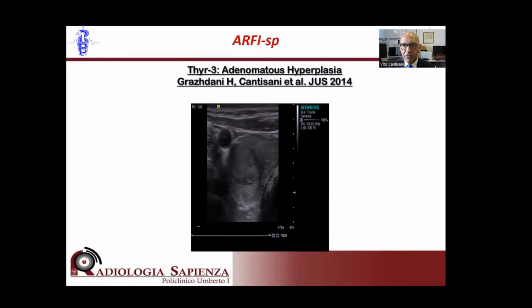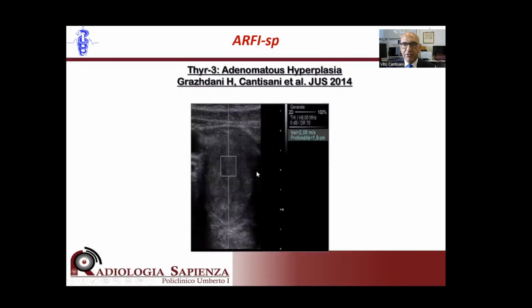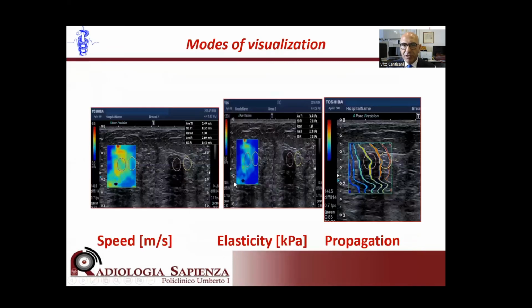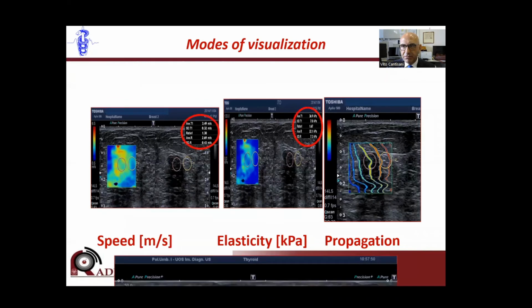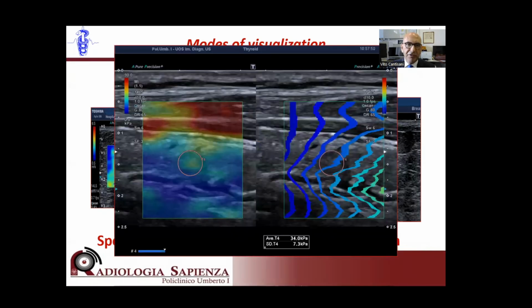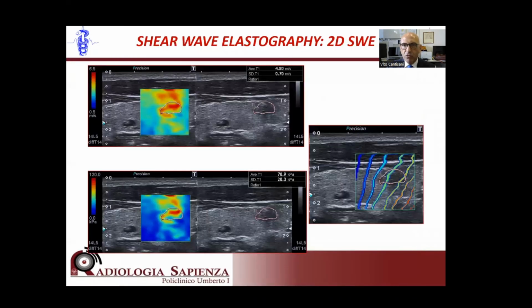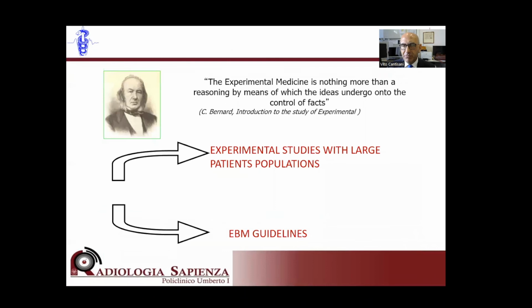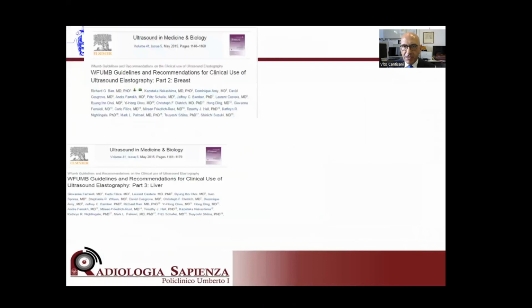First example, a thyroid nodule, taller than wide. However, we put the ROI and the velocity was within the normal range. Again, different modes of visualization, and again, the importance of the qualitative indicator that really can help you to obtain the best results.